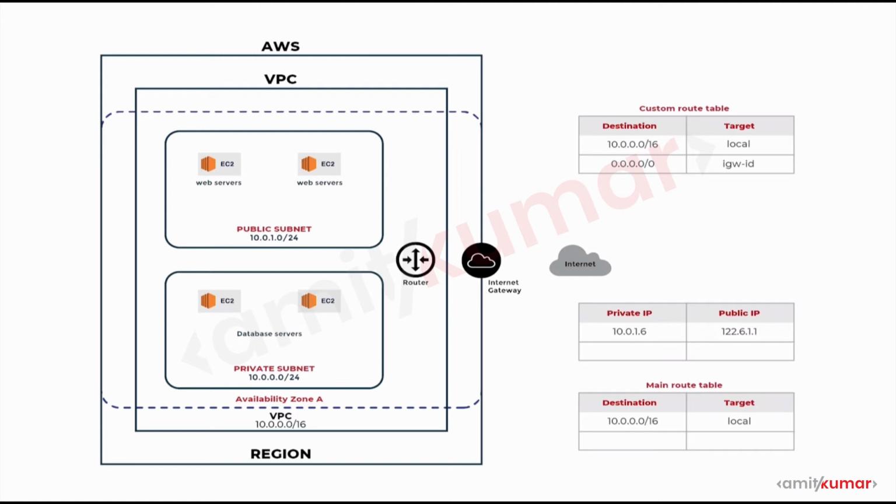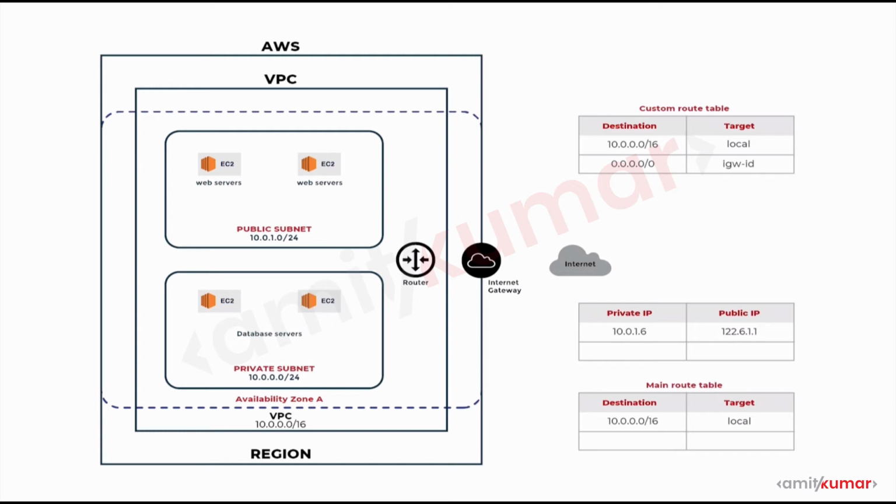Now, let us understand what happens when a request comes in for a specific EC2 instance. It can only happen if that EC2 instance is in a public subnet, because then only will that EC2 instance have a public IP address, and then only is it accessible from the outside world.